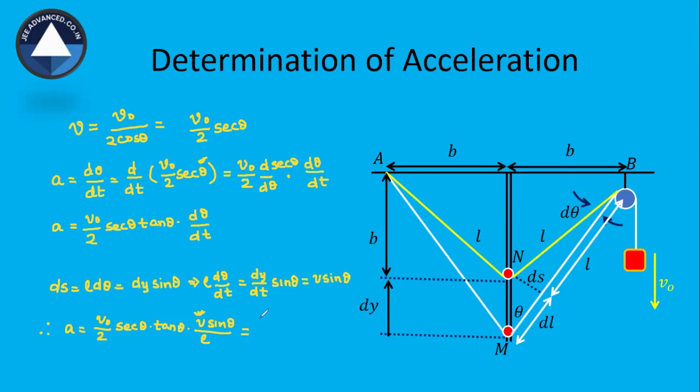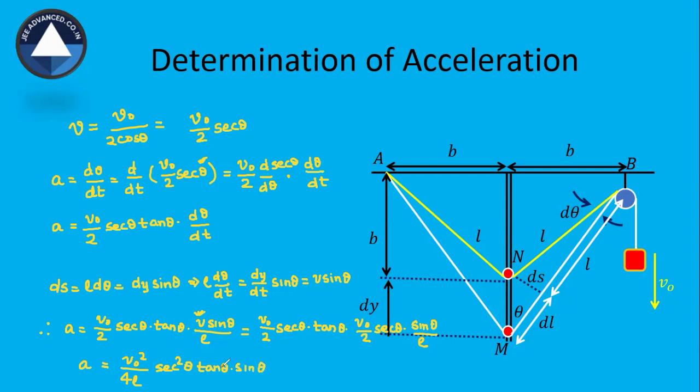So we should put this value here also, v naught by 2 sec theta into tan theta and multiplied by v naught by 2 sec theta into sin theta upon L. Now finally, we can write our acceleration as v naught square upon 4L. Yeah. And sec theta into sec theta is sec square theta and tan theta multiplied by sin theta.